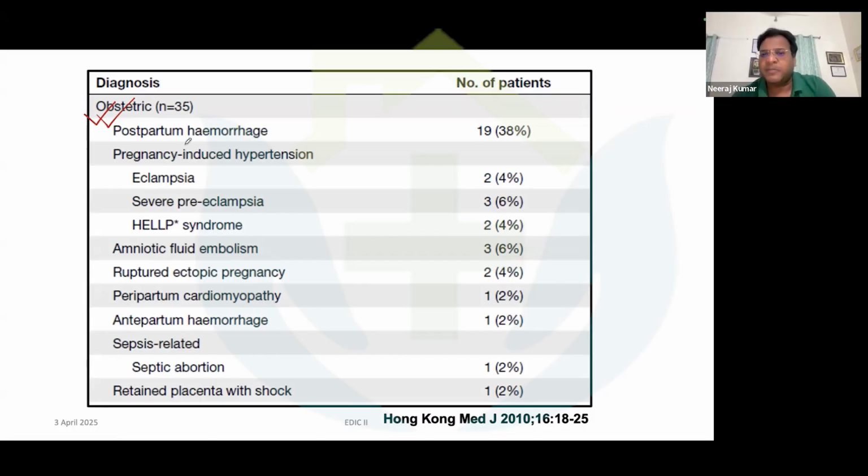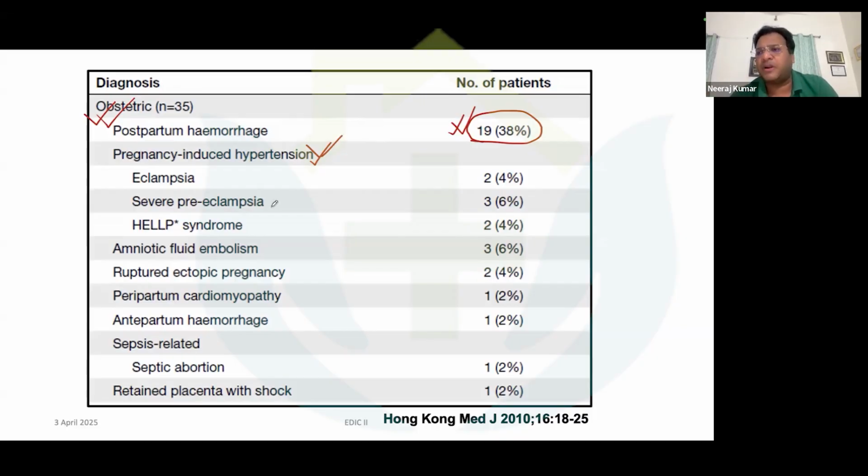Now you see PPH is topping the list. It means PPH is one of the most important complications associated with obstetric ICU admissions. Among the other causes, PIH is another, in which around 7% of patients were affected.